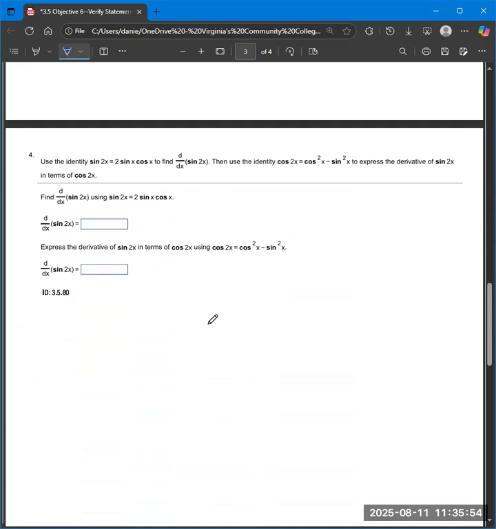All right, and then I think I've already done this in a previous video, but let's talk about how I can use the double angle identity here with the product rule to come up with a derivative for sine 2x. So the derivative of sine 2x, knowing that sine 2x is 2 sine x cosine x.